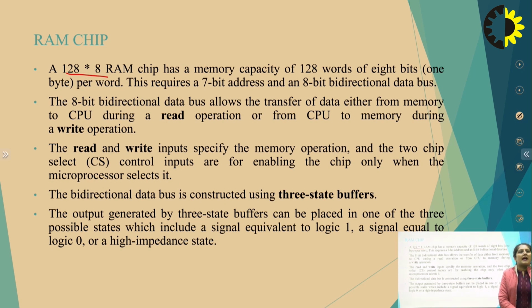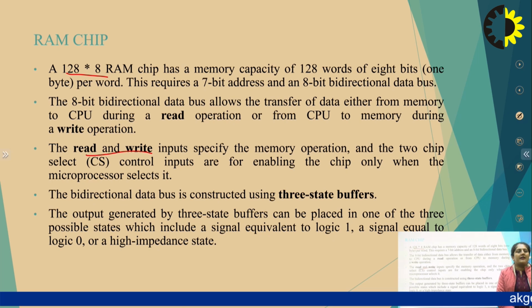And how will we design a RAM chip? As we know, the RAM chip is used for both read and write operations. So we have one read and one write input. For the 128 into 8 RAM chip size, we also have one address bus.